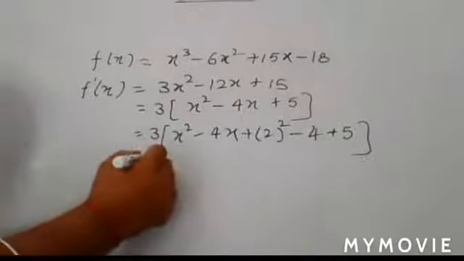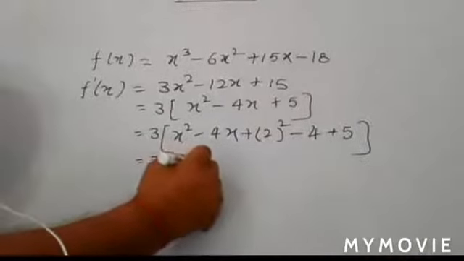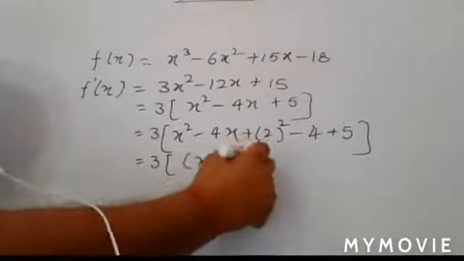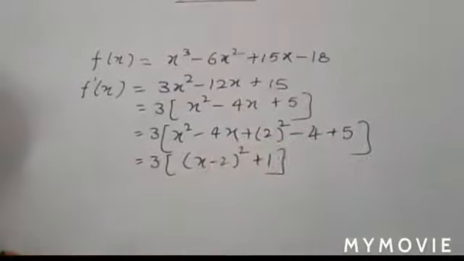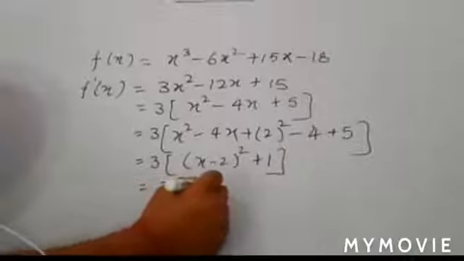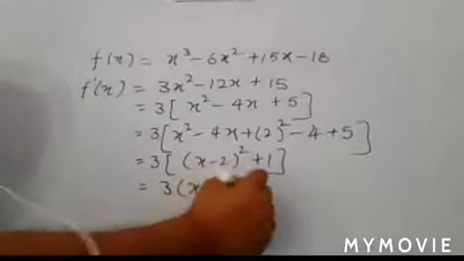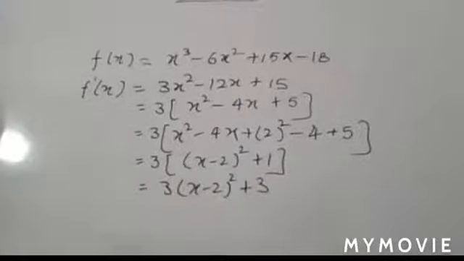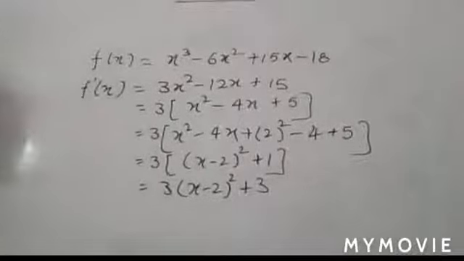So that can be written as 3 into (x minus 2) whole square plus 1. Now you multiply that by 3 also. So 3 into (x minus 2) whole square plus 3. That gives the value of f'(x).